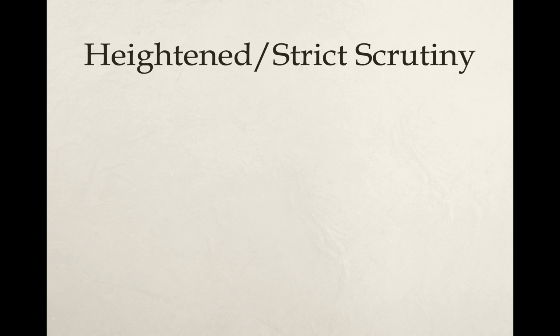This week, we're going to be introduced to this concept and be expected to apply this idea of heightened or strict scrutiny. Now here, with the Dormant Commerce Clause, the court will give us only 2 levels of scrutiny, not 3 like I explained to you last week the Equal Protection Clause has. So here, the Dormant Commerce Clause will introduce us to 2 levels of scrutiny.